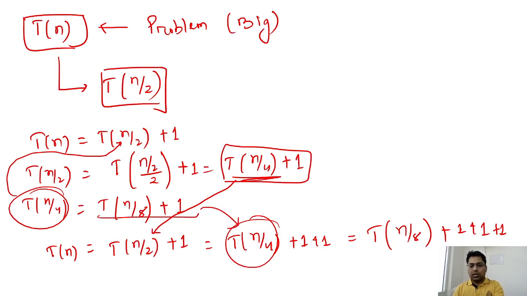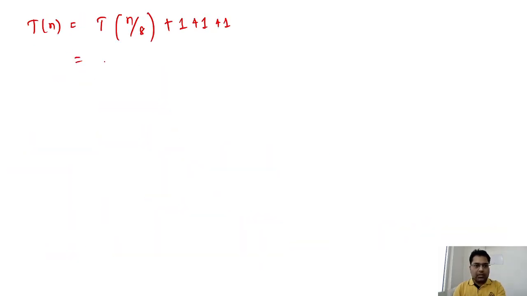So T of n would be T of n by 2 to the power 3 instead of 8, plus 3 into 1. Earlier it was 1 plus 1. Now I'm just simplifying it: 2 to the power 3, then 3 into 1.